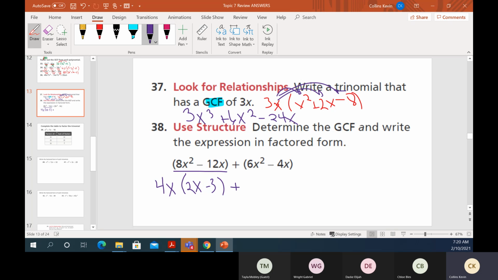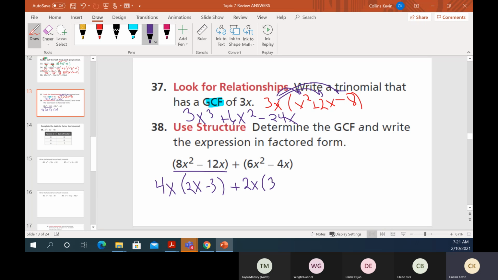Okay, then we go on to the next part. What can I factor out of this guy? I've got 6 and 4, so what can I factor out here? Yeah, just a 2. Anytime you have numbers that are relatively small and they're both even numbers, we can always bring out a 2. So we do 2x, because we're going to bring out an x, right? Then we'll do the same thing here.